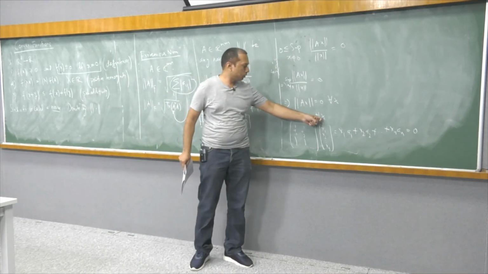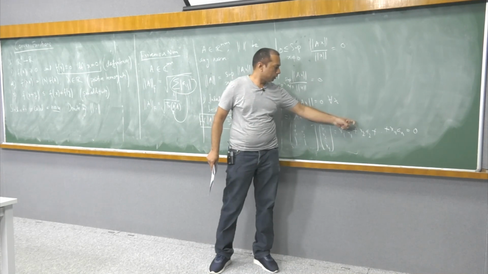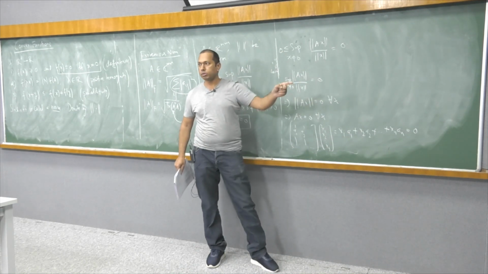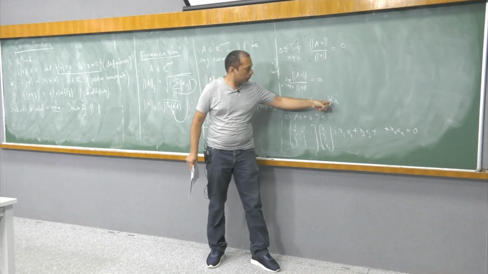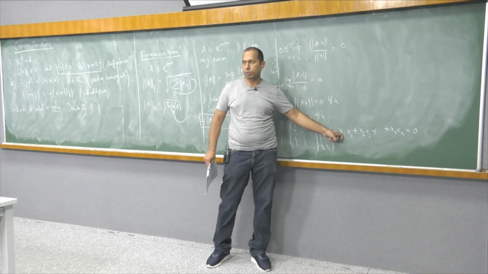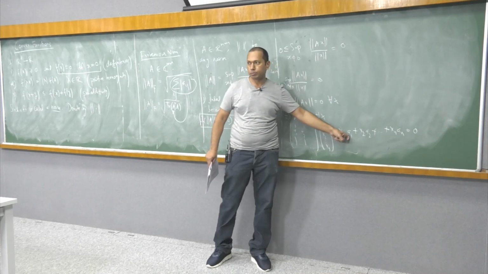Now I'm saying that I'm allowed to pick any x I want. So I will pick x in a way that it will force the first column to be 0, then the second column to be 0, despite keeping x non-zero. How? I keep the first component 1 and the second component 0. This forces A1 to be 0.